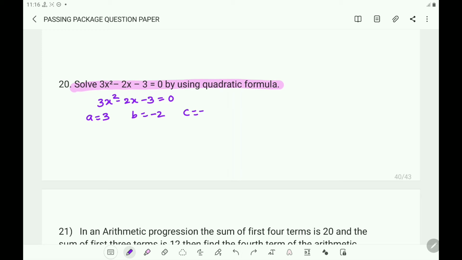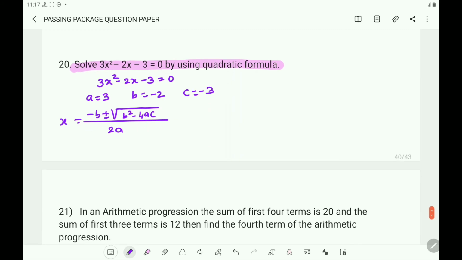Write the formula. X equals minus b plus or minus whole root b square minus 4ac by 2a. Substitute the values. X equals, here minus b is there, so write minus first. And what is b? B is minus 2.